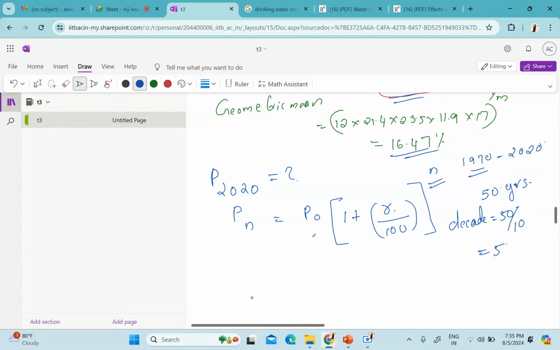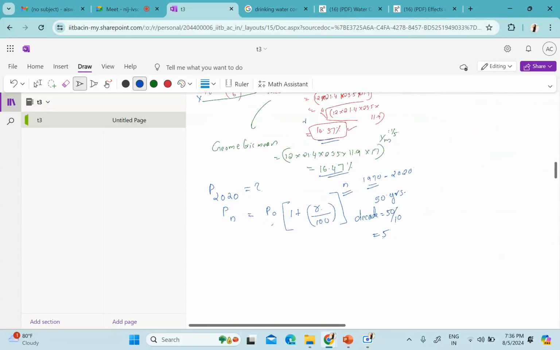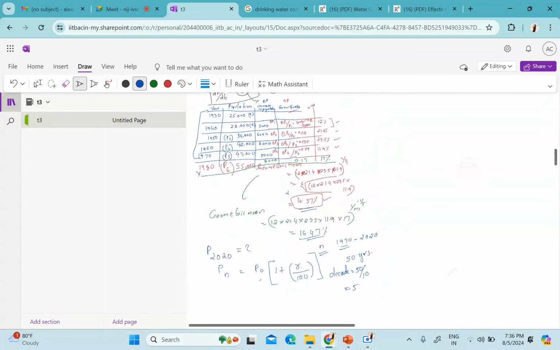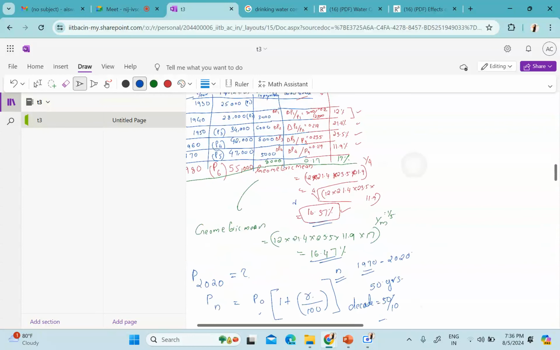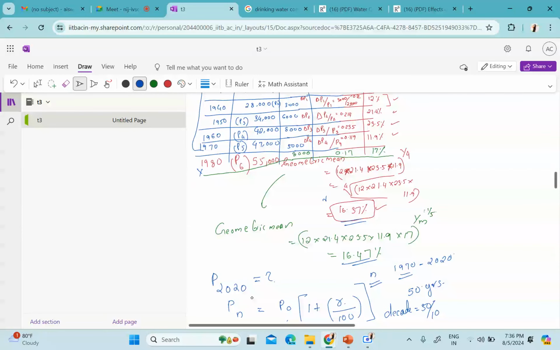Now please calculate, putting all the values here. This is the equation, and for the R value consider only till 1970. So 1930 to 1970 values are considered, and you have calculated the R value here, 16.37.